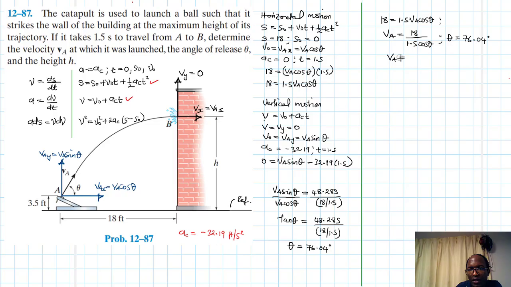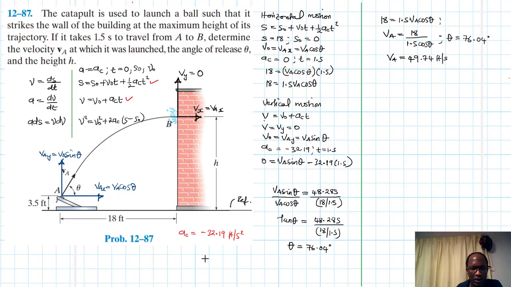Therefore, our VA is just going to be equal to 18 divided by 1.5 cos 76.04. So we get VA equal to 49.74 feet per second. Let me check this again. 1.5 cos 76.04, 18 divided by answer, 49.74.